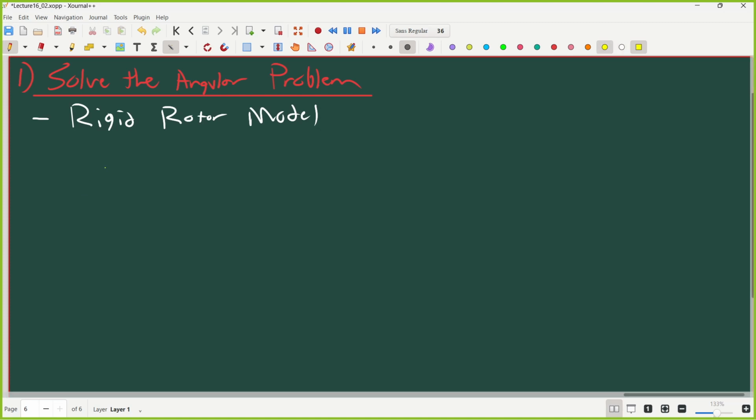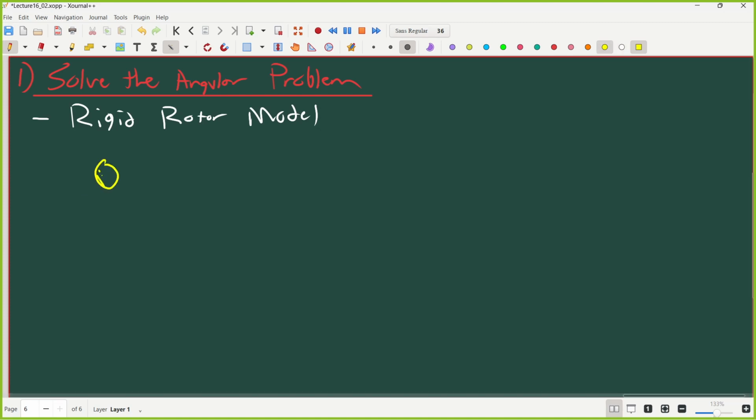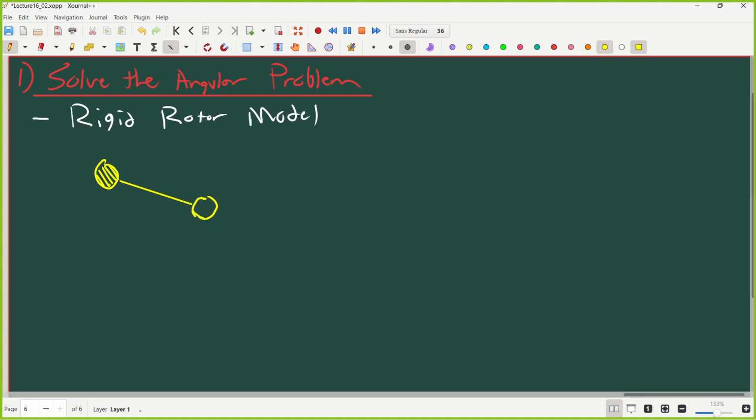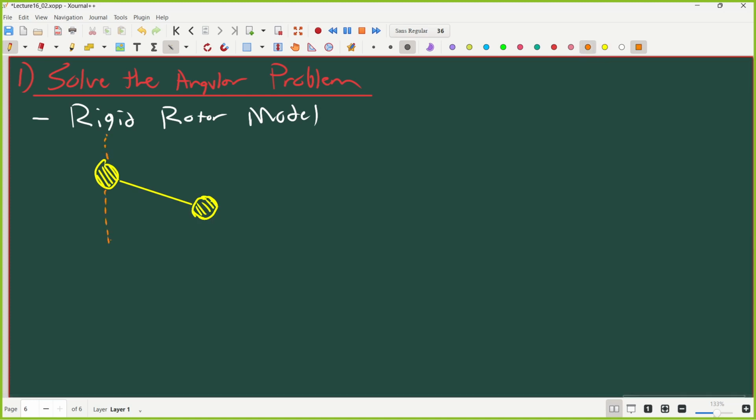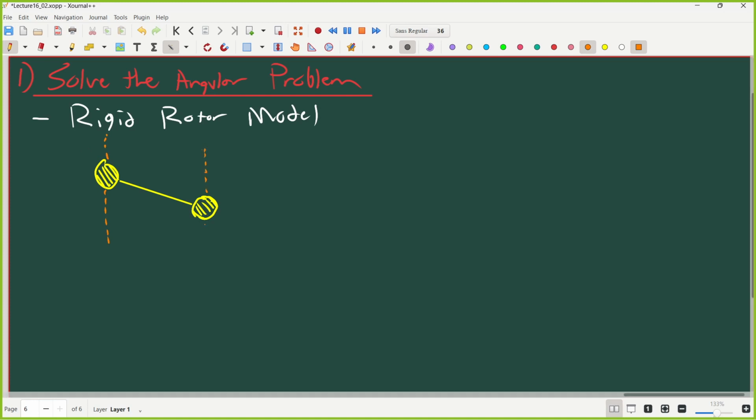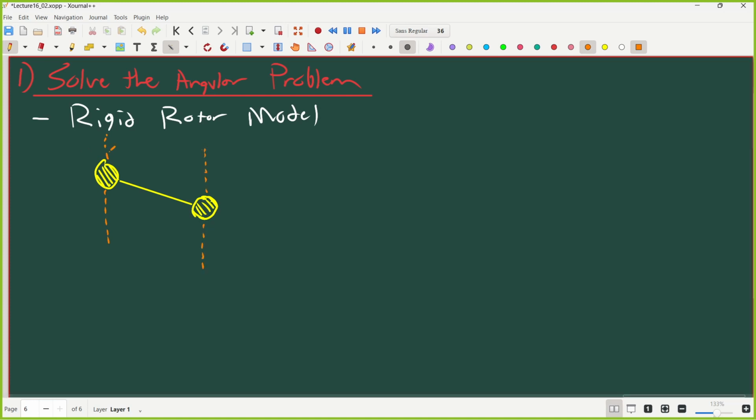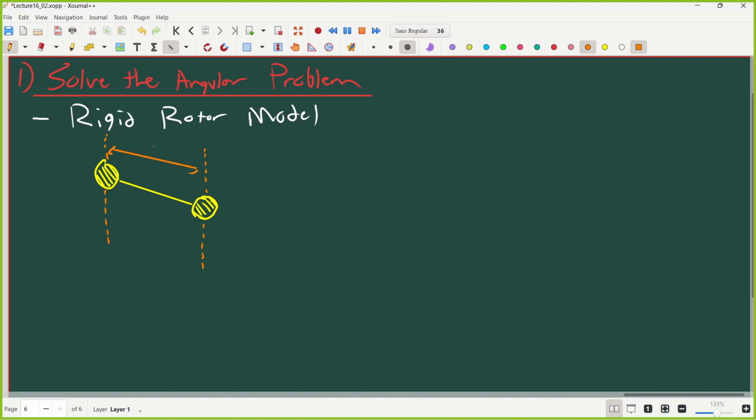The idea is very simple. We're going to have two bodies, just like we did for the harmonic oscillator, separated by a distance r, the bond length, or some distance.